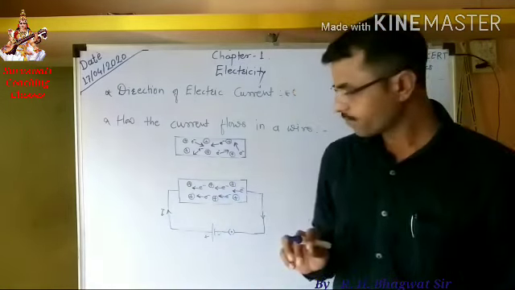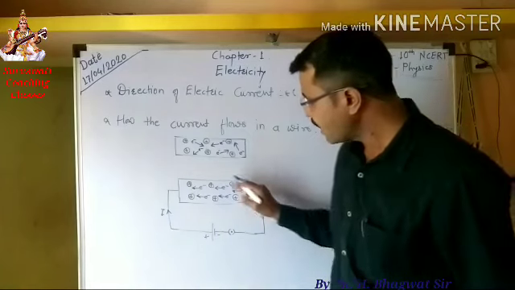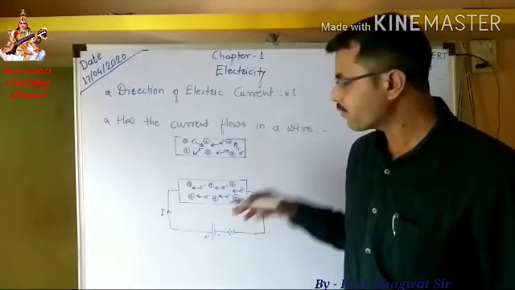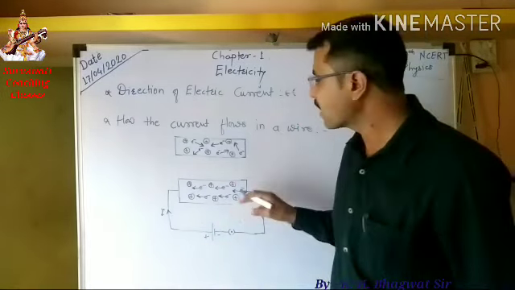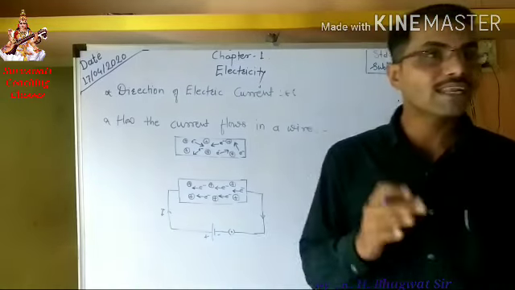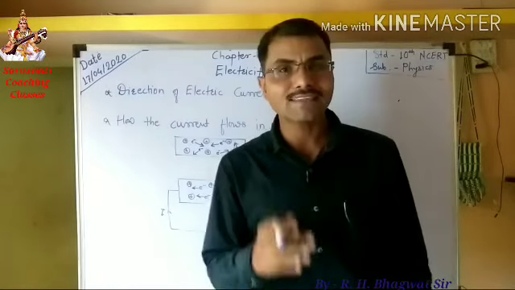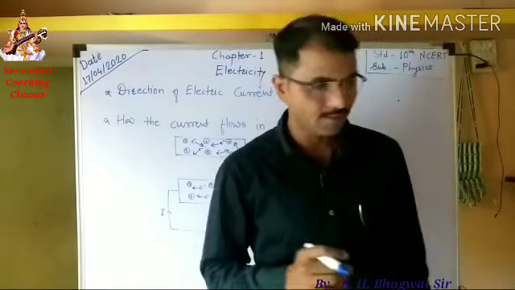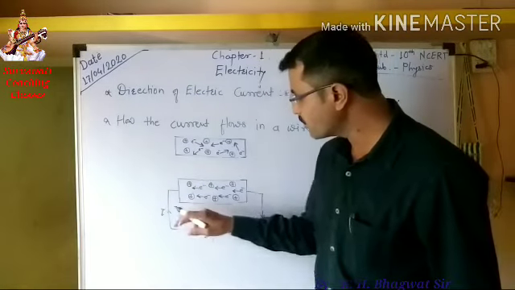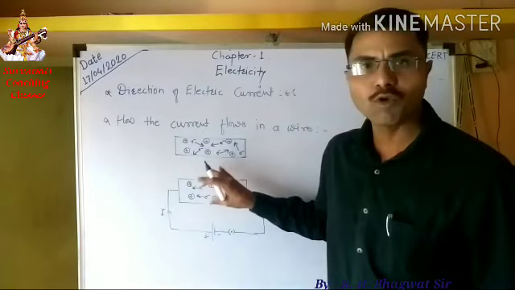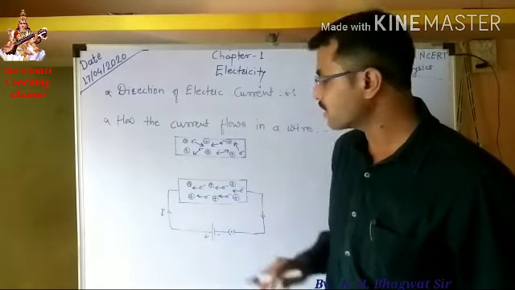When electrons flow through the conductor, we can say that current is flowing through that conductor, but the direction of electric current is considered opposite to the direction of flow of electrons, because the direction of electric current is considered as the direction of flow of positive charges. Here, the direction of flow of positive charges is opposite to the direction of flow of electrons, that is negative charges.